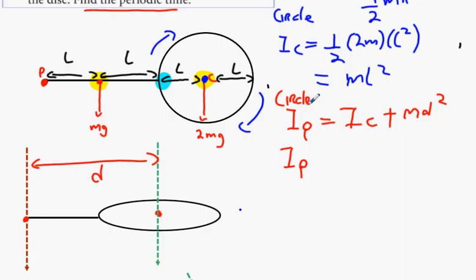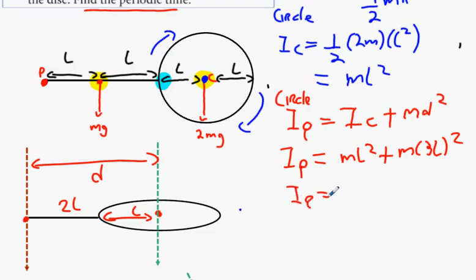And what we're going to say is that it's IC, which is our ml squared, plus md squared. And how far apart are the two axes? 3L. 2L here and 1L there. So we're talking 3L here. So m times 3L squared, 3L to be squared, and that makes it 10 ml squared.